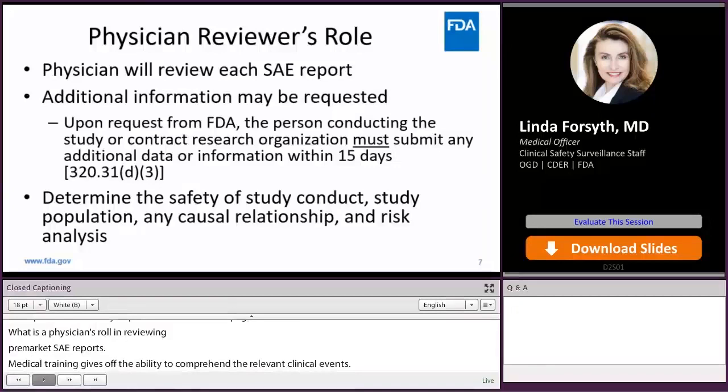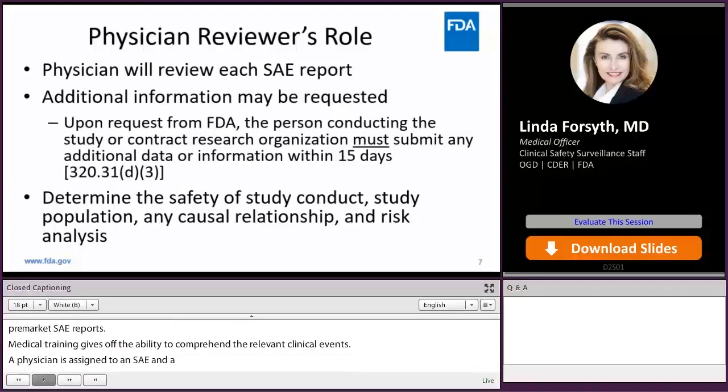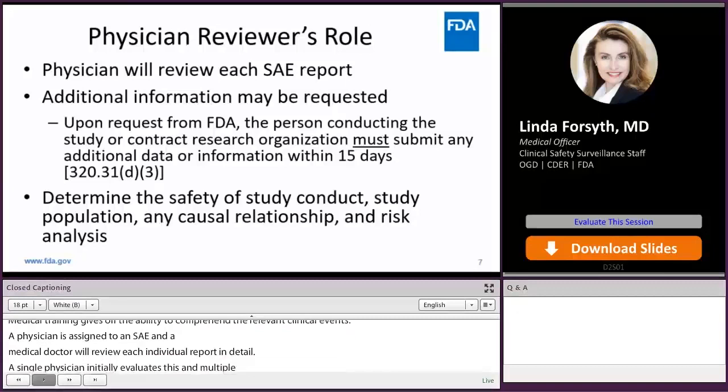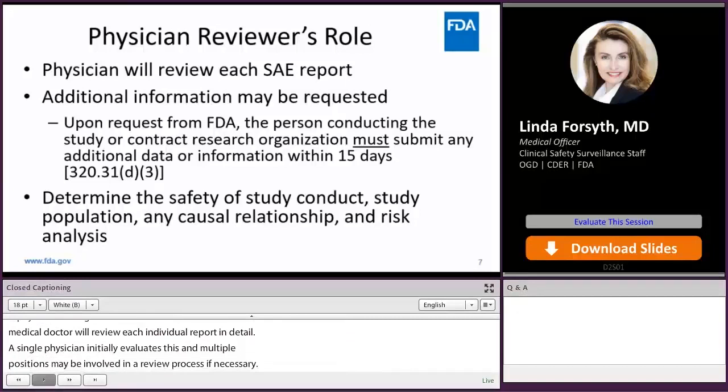A single physician initially evaluates it, and multiple physicians may be involved in the review process as necessary. A physician will often examine reports in the scientific literature and perform literature searches to actively seek new safety information about the drug under investigation.